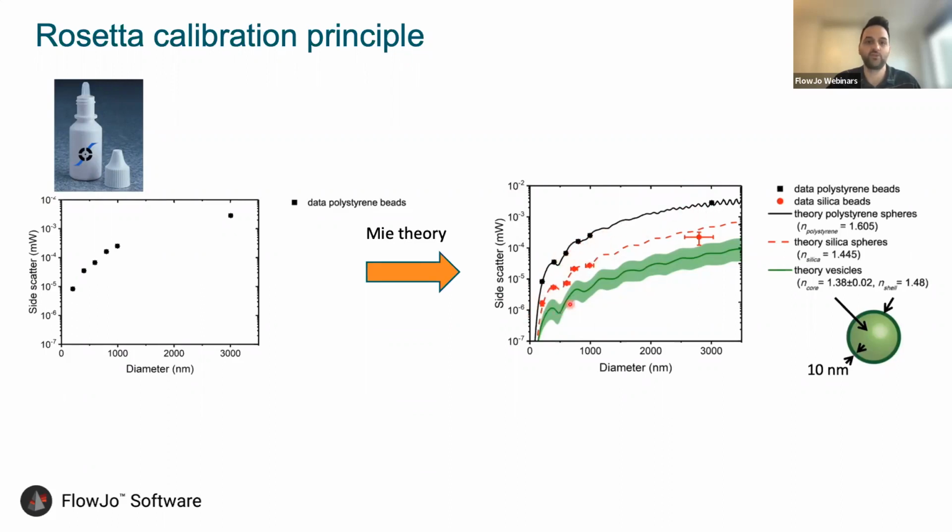And depending on our sample of interest, if it's EVs or any other particle, we can input the refractive index and characteristics in order to calculate the relationship between intensity and diameter of the particles. And then the derived parameter can be brought back to the samples as a new parameter that we can use.